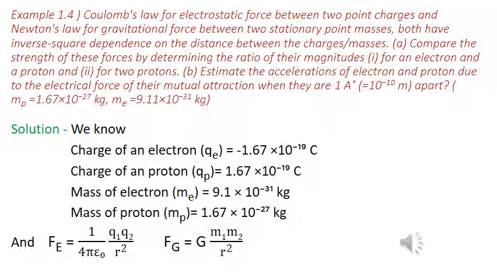And we know that the charge of electron is equal to minus 1.6 into 10 to the power minus 19 coulomb, and charge of proton is same as the charge of electron. And the electrostatic force is given by 1 by 4 pi epsilon naught q1 q2 by r square, and the gravitational force is given by G m1 m2 upon r square.